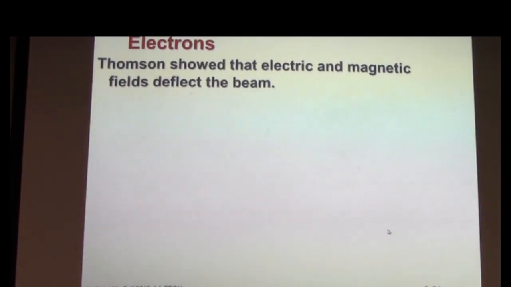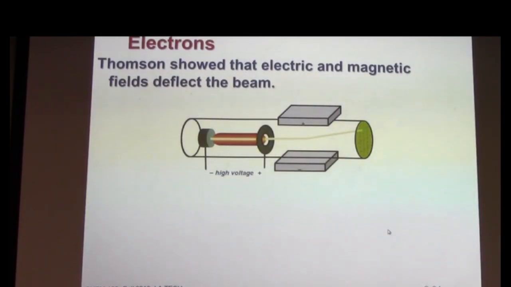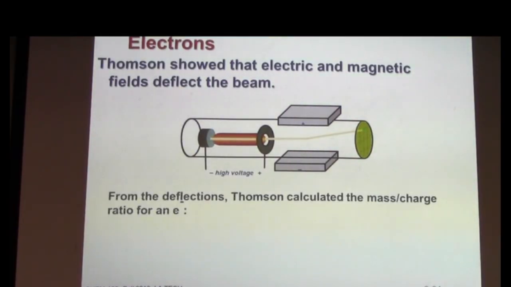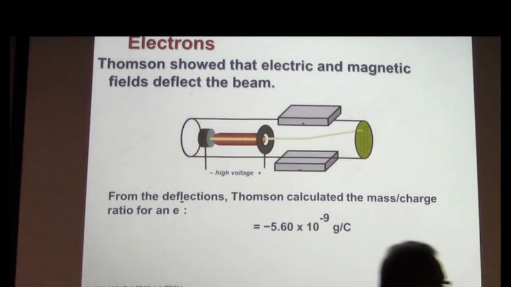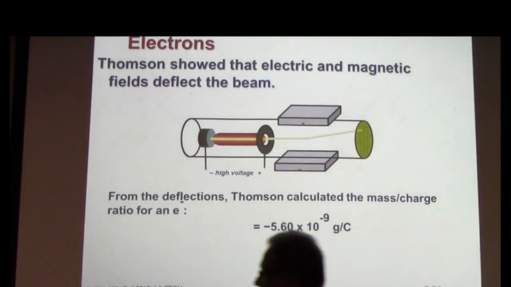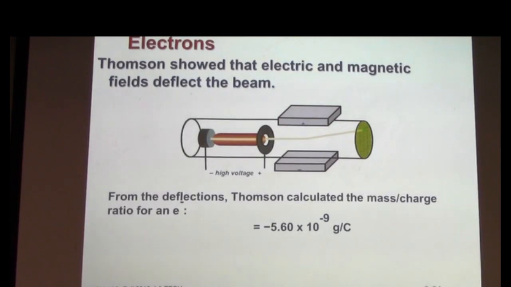Thomson showed the electromagnetic field deflects it like that. Mass to charge ratio, 5.60 times 10 to the negative 9 grams per coulomb. Coulomb is the unit of charge.